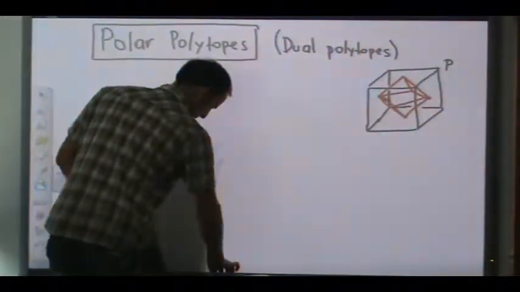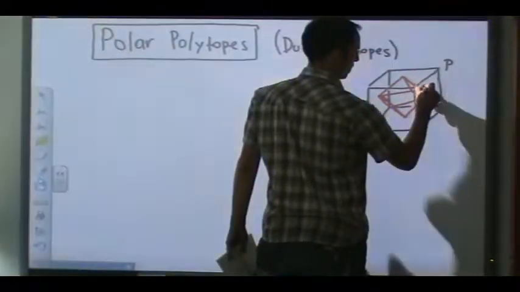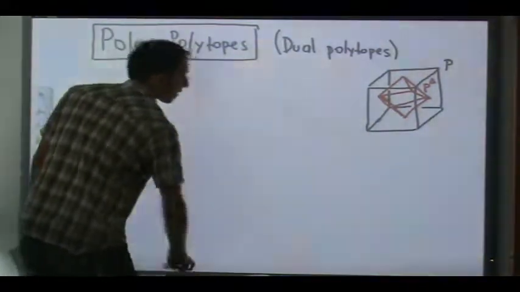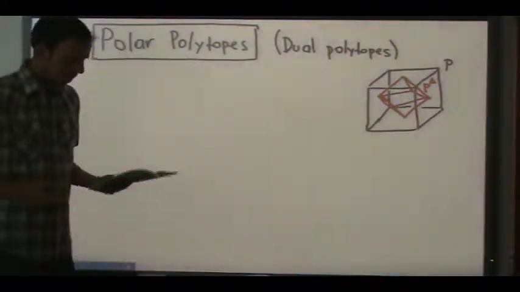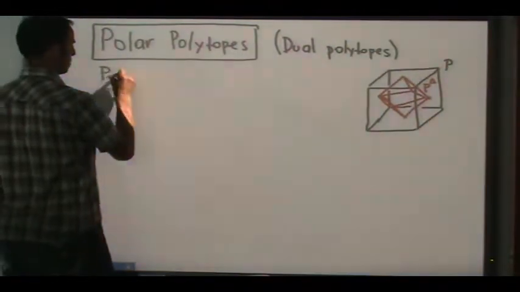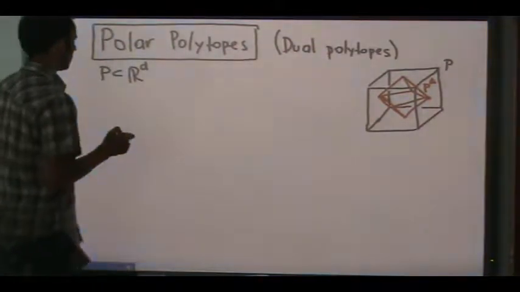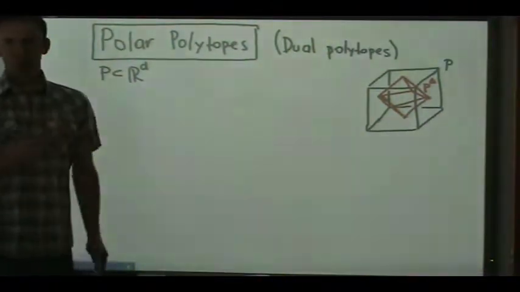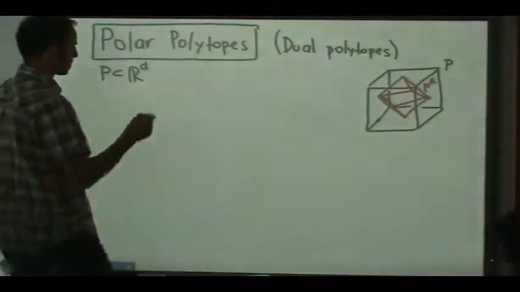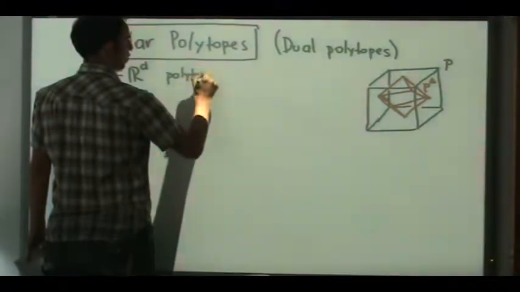Start with the polytope P, and we're going to define a polytope called the polar, denoted P with a little triangle on top. Let me just give you the definition and then prove some properties. So let's say that P is either a polytope or just any subset of R^d.